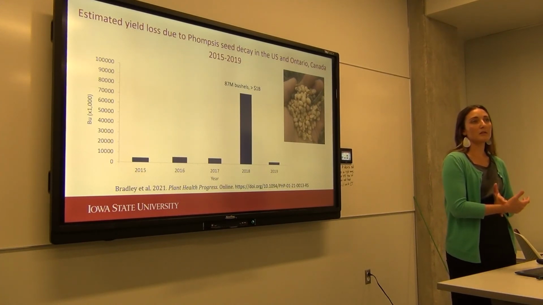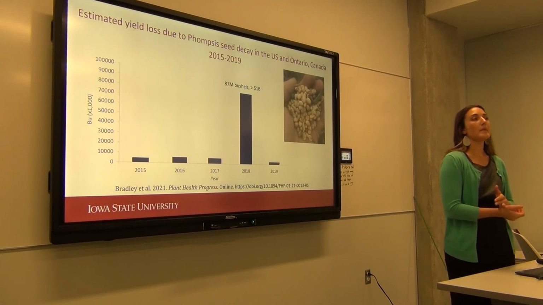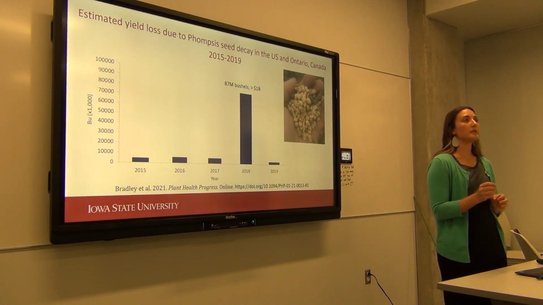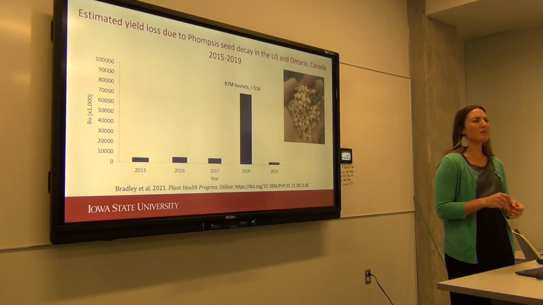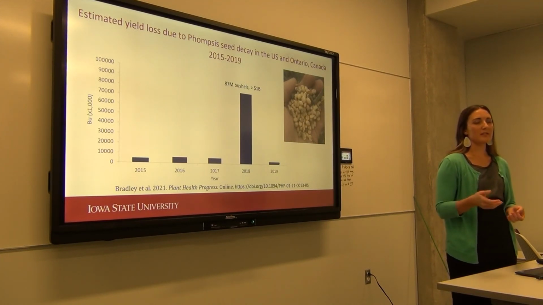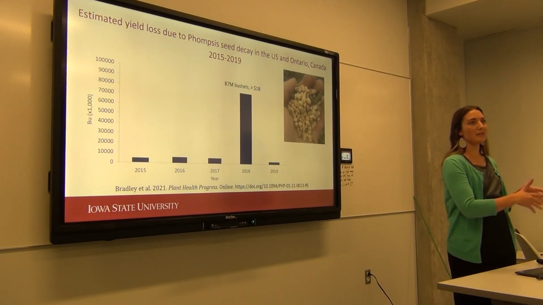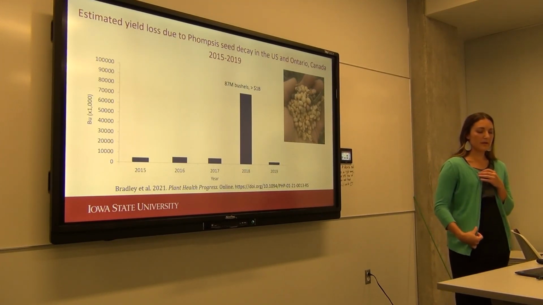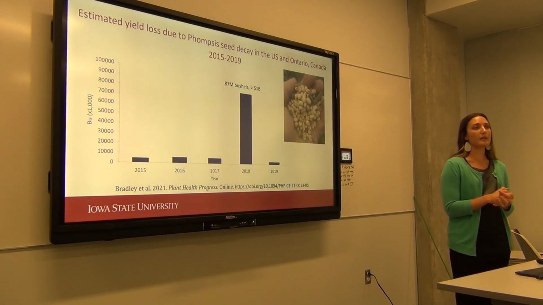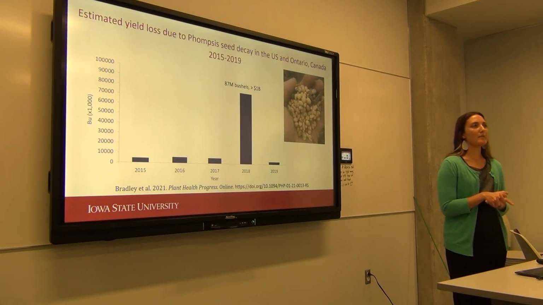Does it have any other hosts, or is it just soybeans? Diaporthe, you can find it on weeds too. There are other plants that it affects as well, completely different crops. But yeah, it can be found in weeds. I have some literature on this, so I'd have to look it up, but I'm not sure if those species are also disease causing on soybeans or not.